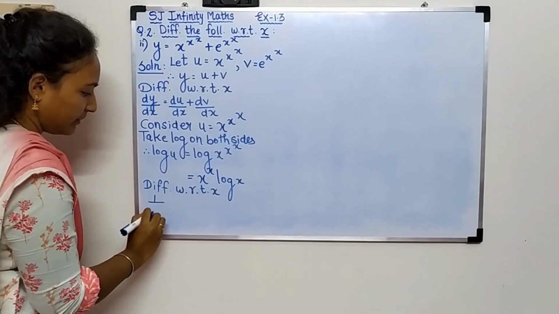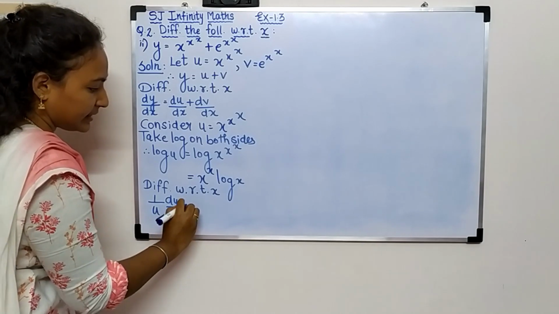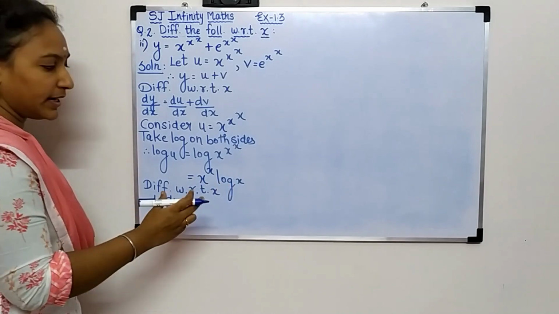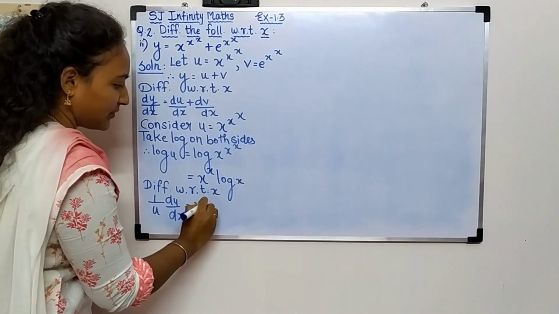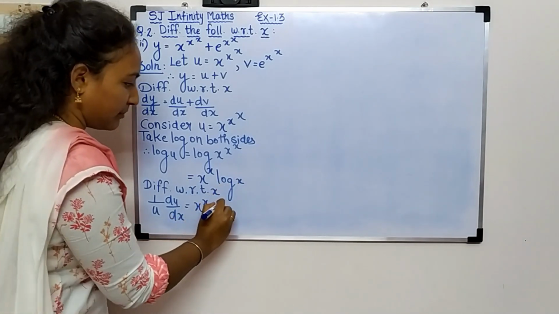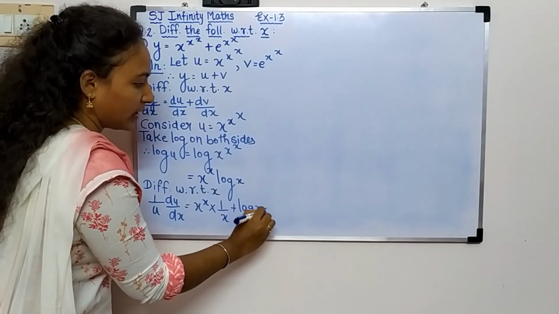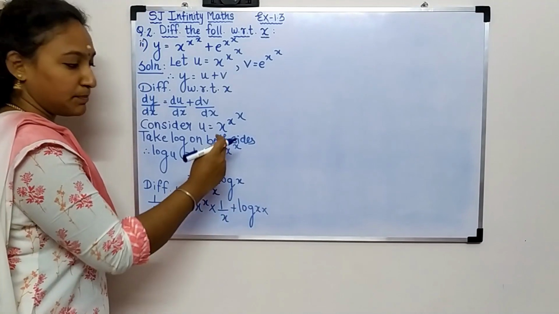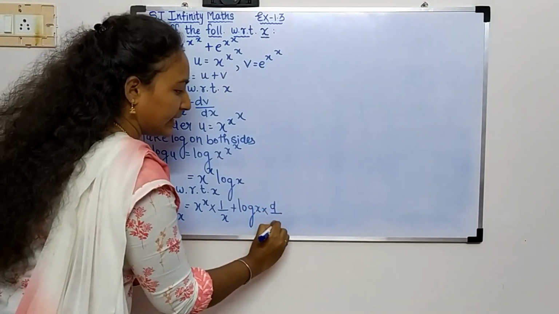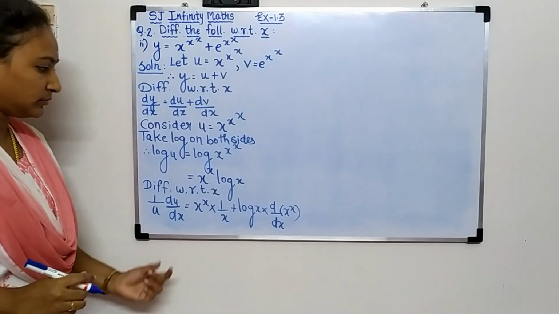So we get 1 upon u du by dx is equal to, this is a product of two functions, x raised to x multiplied by the derivative of log x, that is 1 by x, plus log x into the derivative of x power x, that is d by dx of x raised to x.